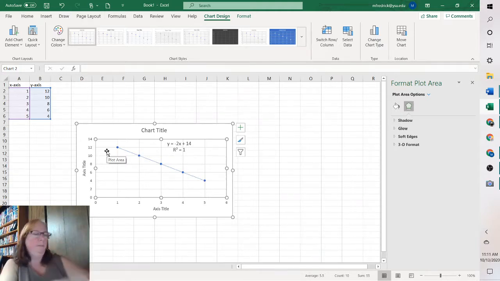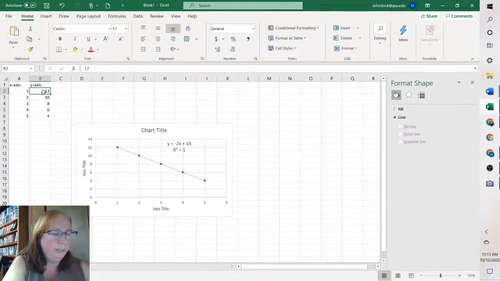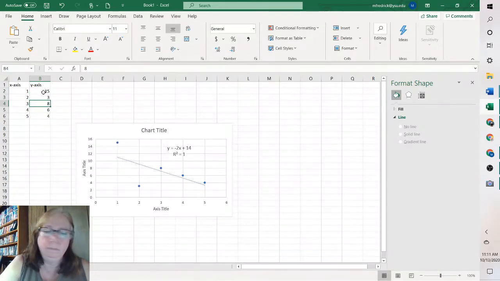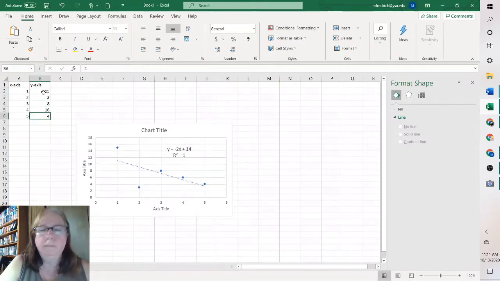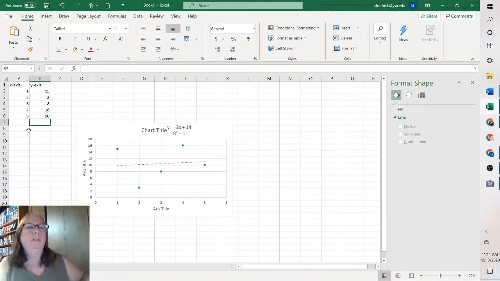Now what happens if we change these? If I go in here and change them, watch how the graph and the equation in R squared change. So I changed my numbers.